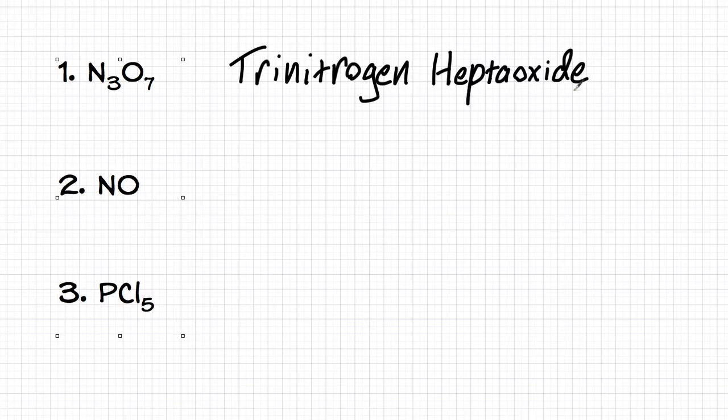And you may remember from class we said that the A, when you're naming an oxide, is actually optional. So this could be hepta oxide or it could be heptoxide. Either one's acceptable.